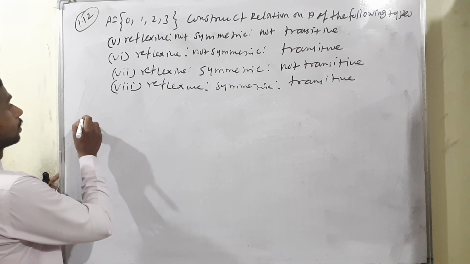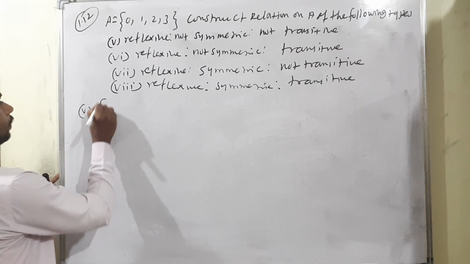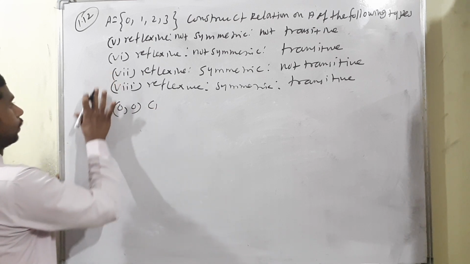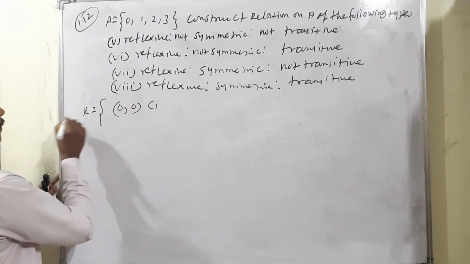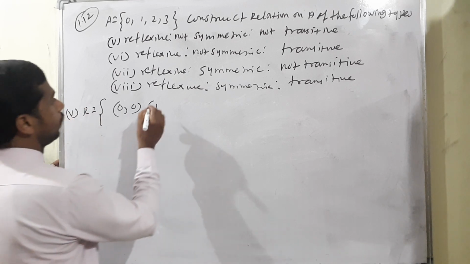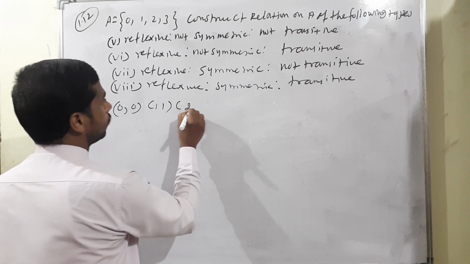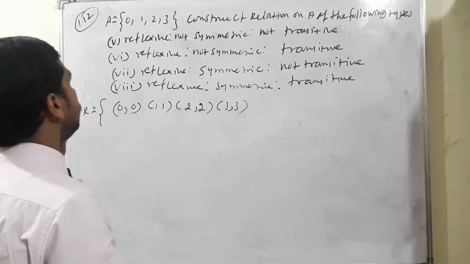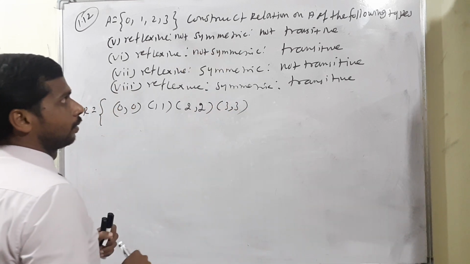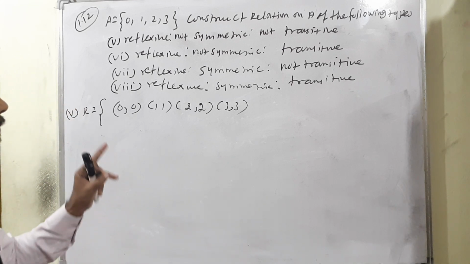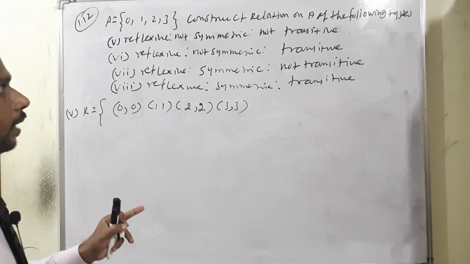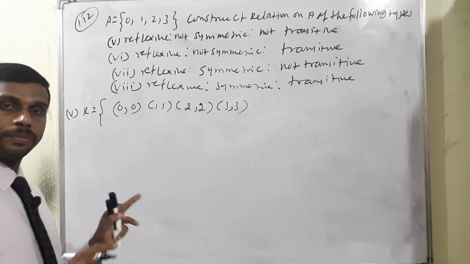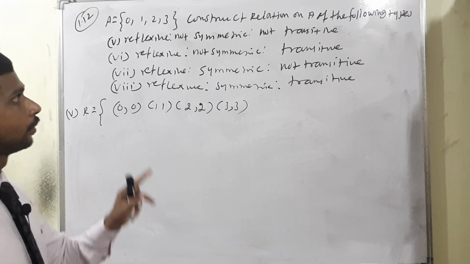So double net means subdivision 5, first one 0 comma 0, R is equal to, then 1 comma 1, then 2 comma 2, then 3 comma 3. The next one, not symmetric and not transitive also. Definitely, since a single term is there, we can say this is transitive. We have to show this is not transitive.